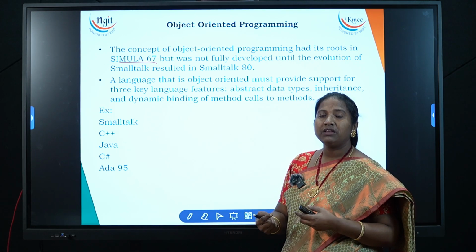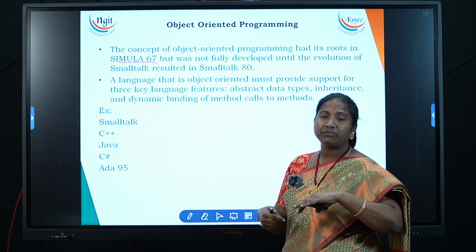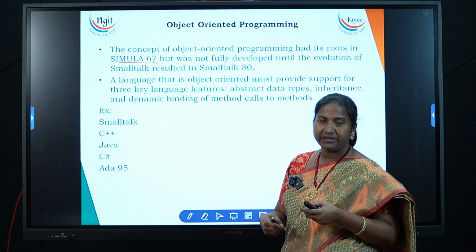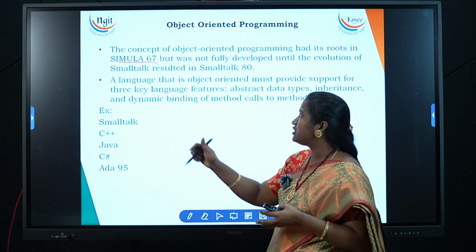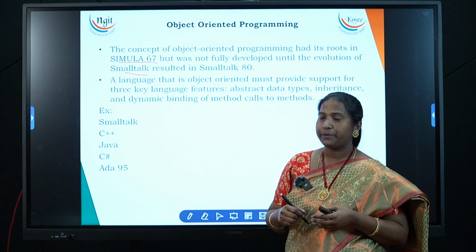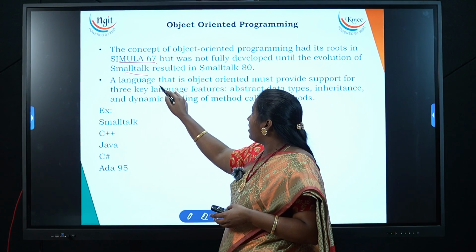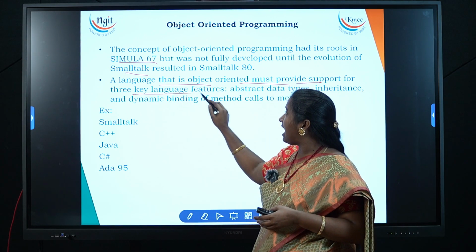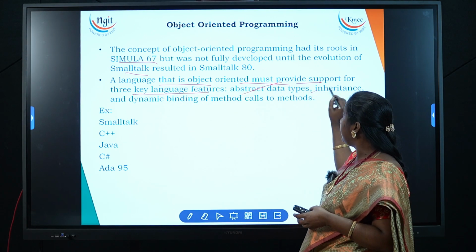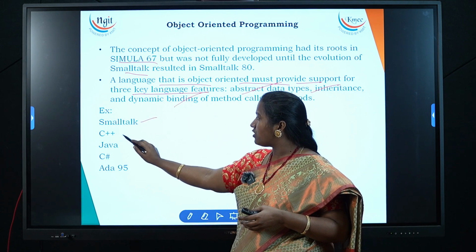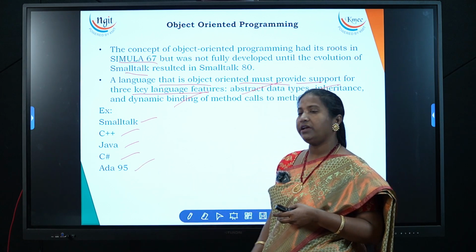That's the reason we have not often heard that Simula 67 is an object-oriented language. Many times we have heard of Smalltalk as the first language with object-oriented features. A language that is object-oriented must provide support for three key language features, which are ADTs, inheritance and dynamic binding. Example languages are Smalltalk, C++, Java, C#, Ada 95.